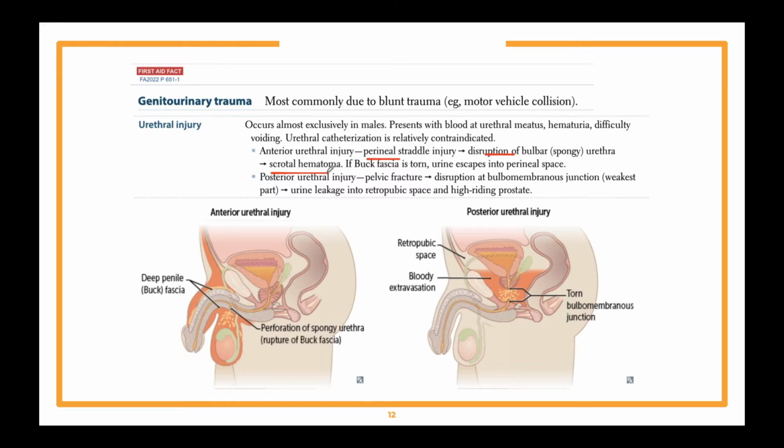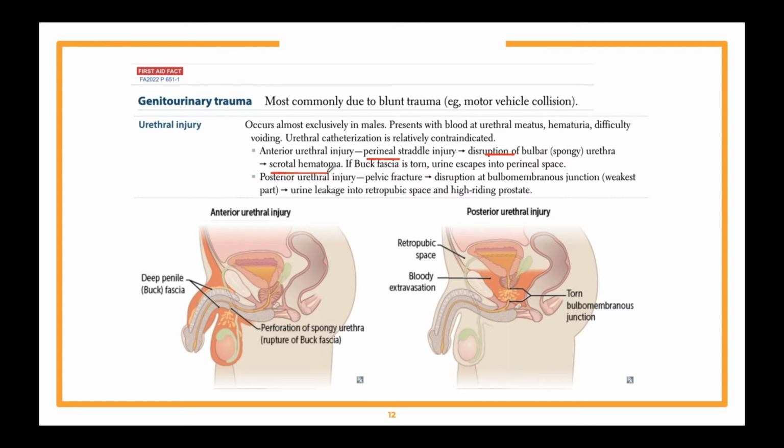Now, if you were to have a membranous urethra disruption, that would be more so from something like a pelvic fracture, and urine could leak into the space behind the pubis. So a little bit different here. So hopefully you guys are seeing why the way that this patient fell, specifically talking about how it's a straddle injury, really can help you come to the correct diagnosis here.